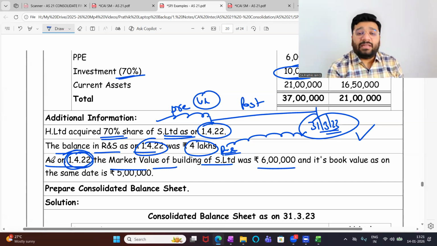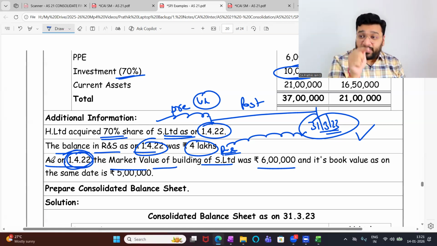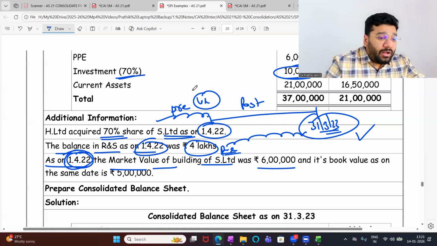Though we are doing the balance sheet on 31st March, we have to do the revaluation on the date of acquisition. Why? Because we want the true net asset on the date of acquisition. If the net asset is true, the goodwill and capital I get will be true. So the market value on 1/4 is 6 lakh. The book value on 1/4 is how much? 5 lakh.